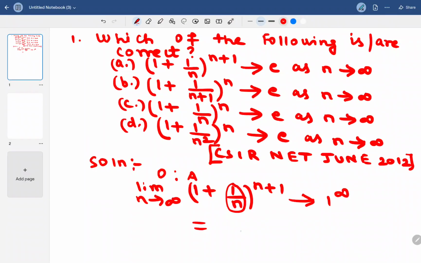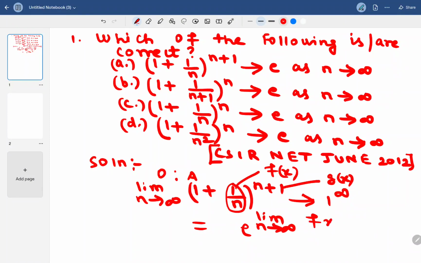For this kind of problem, I have to apply this result. This 1 by n is some f of x, and this n plus 1 is some g of x. The result is e power limit n tends to infinity of f of x into g of x, because it is of the form 1 power infinity.